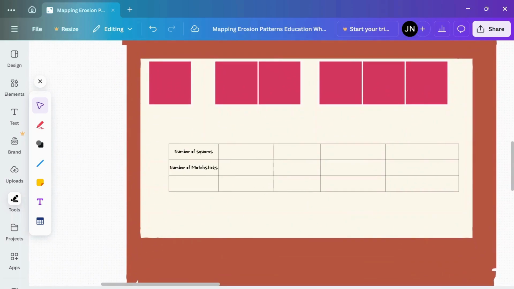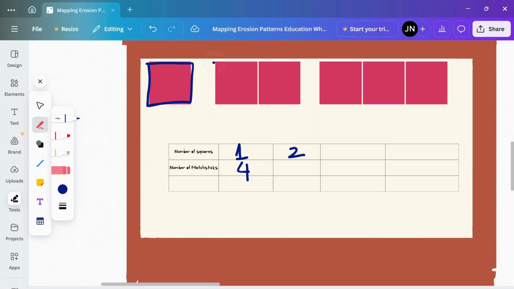Okay, so we are taking squares this time and assume that they are overlapping at this point. So for creating one square, how many matchsticks do you think you require? So it is 1, 2, 3, 4. Now, if you are creating two squares, how many matchsticks do you require? 1, 2, 3, 4, 5, 6, 7.